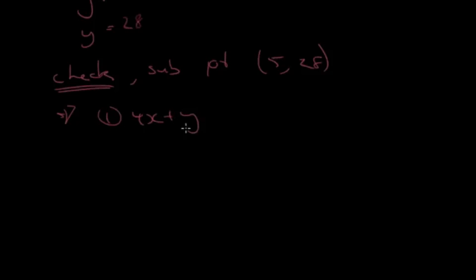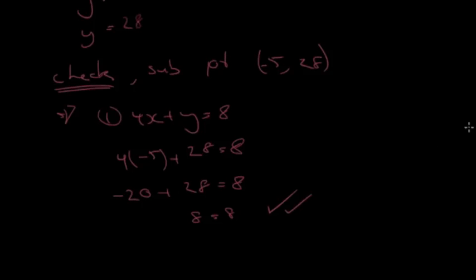So we've got 4 times negative 5 plus 28 equals 8. 4 times negative 5 is negative 20. Don't forget your negative signs. Equals 8. Negative 20 plus 28 is equal to 8.